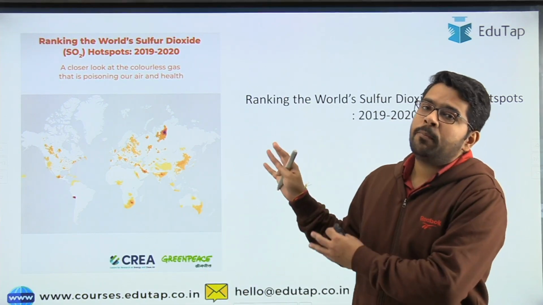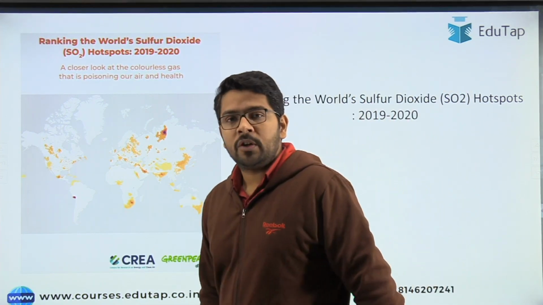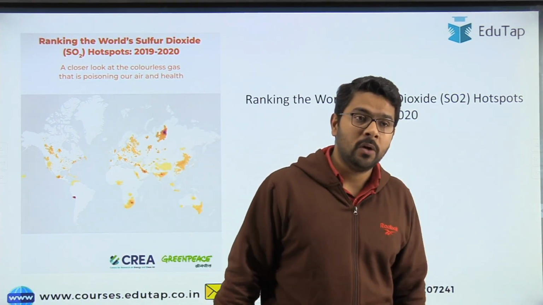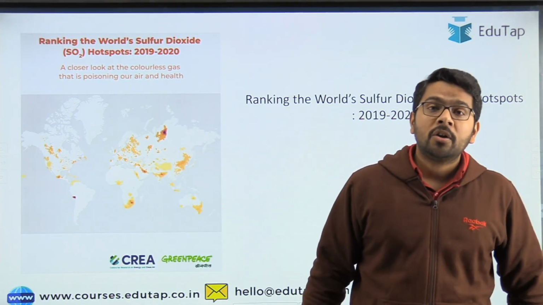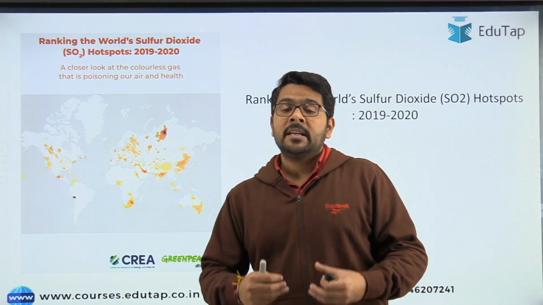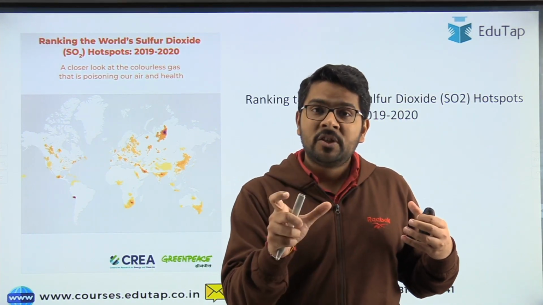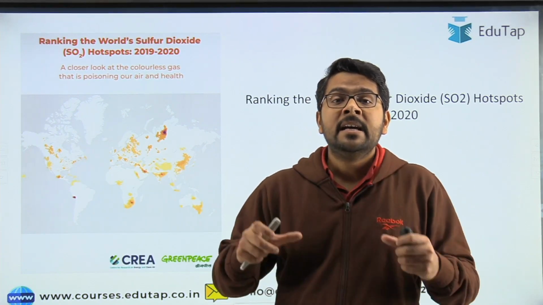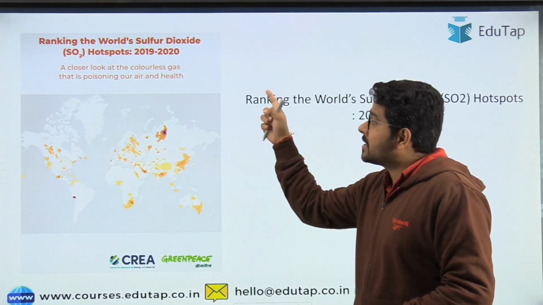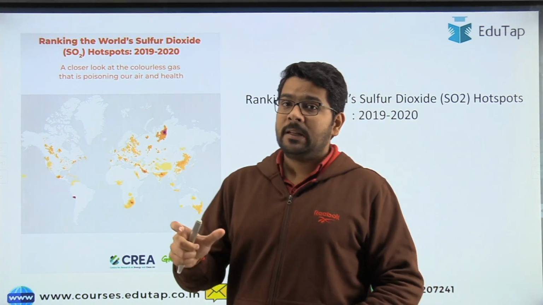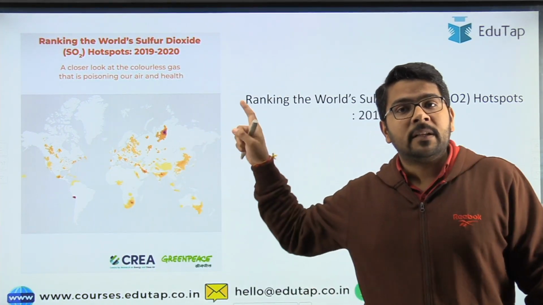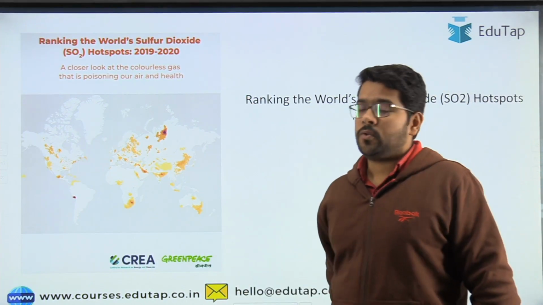Guys, this report is important from our exam point of view, because if you analyze the previous year papers of RBI, especially phase 2, a lot of questions have been directly asked on the tag in our syllabus, which is environmental issues and sustainable development. So this report forms an important part of our syllabus on sustainable development. That's why we are covering this report in our videos.